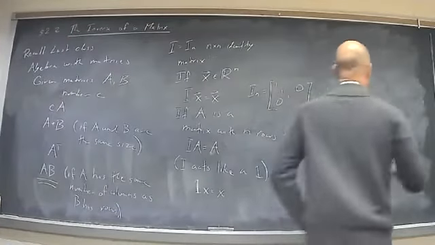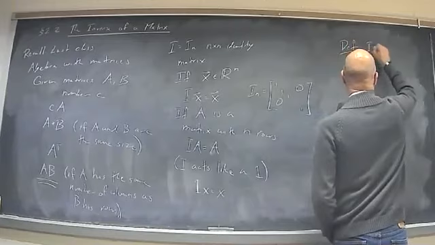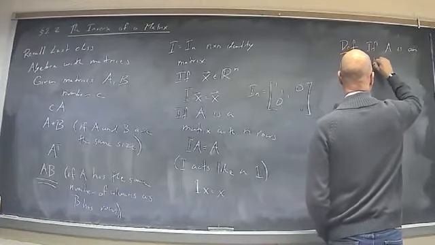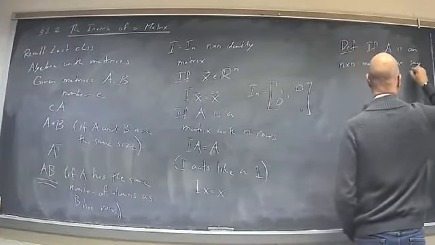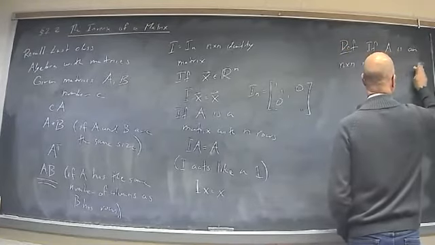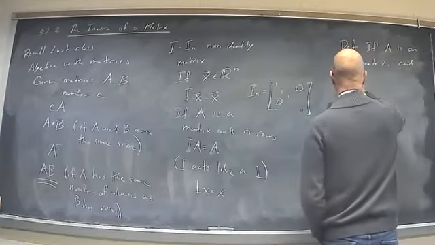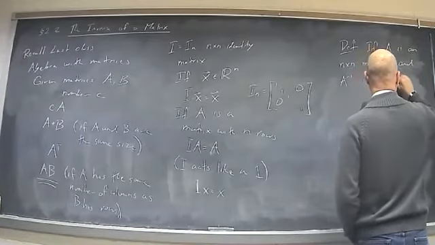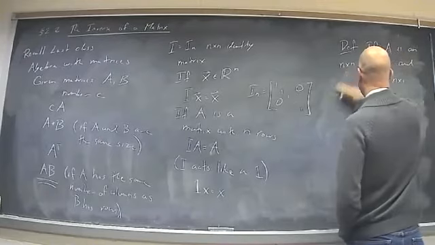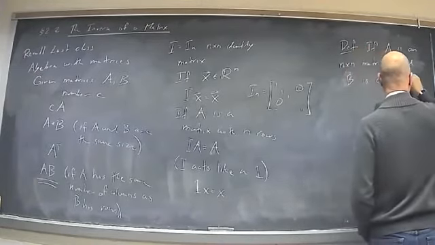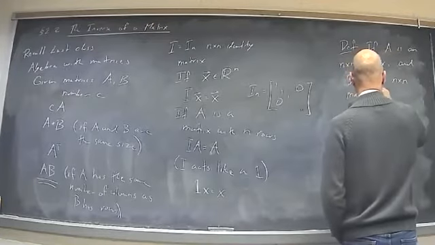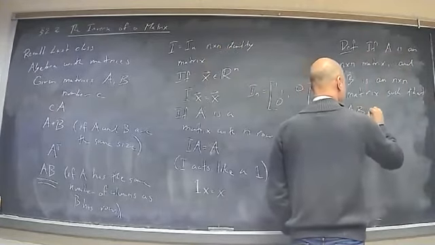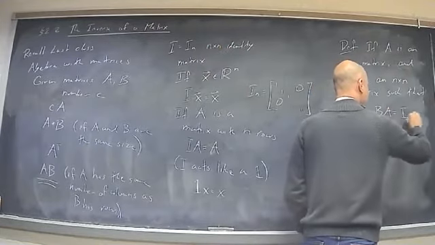So let me give you a definition. If A is an n by n matrix, we say B is an n by n matrix such that A times B is the same as B times A, which is the identity.